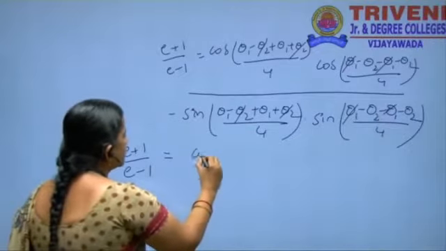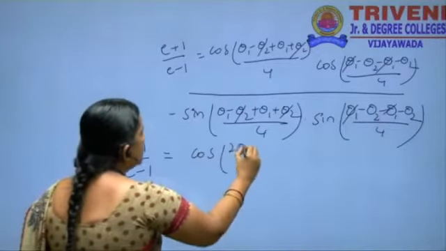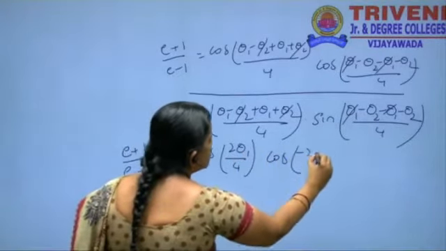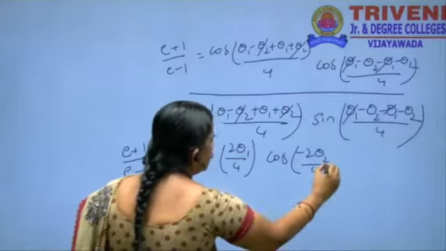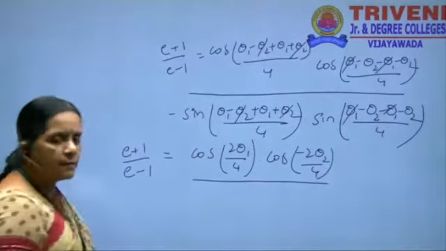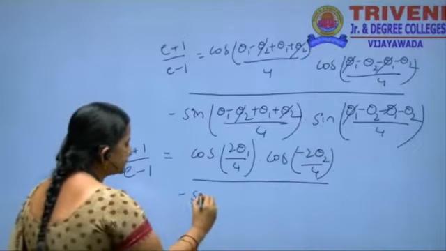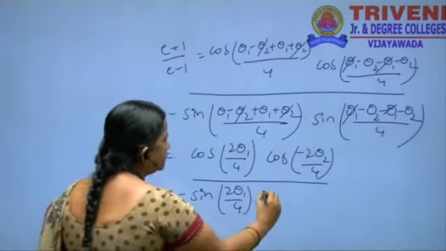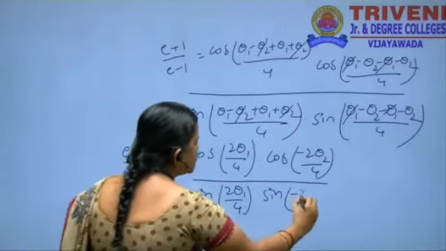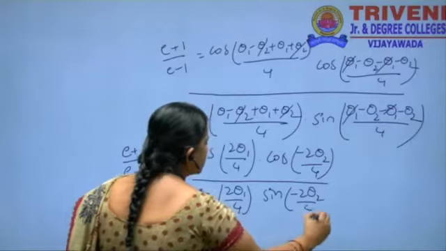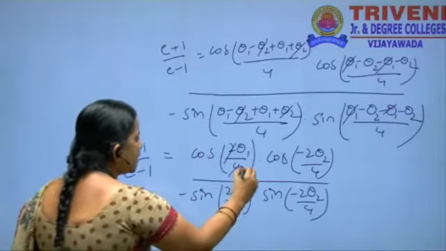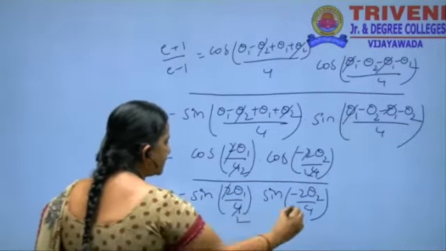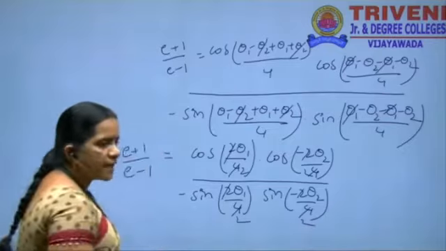Then we get cos of 2 theta 1 by 4 into cos of minus 2 theta 2 by 4, divided by minus sine of 2 theta 1 by 4 into sine of minus 2 theta 2 by 4. Here 2 will cancel how many times? 2 times. Here also 2 will cancel, and here also 2 will cancel.